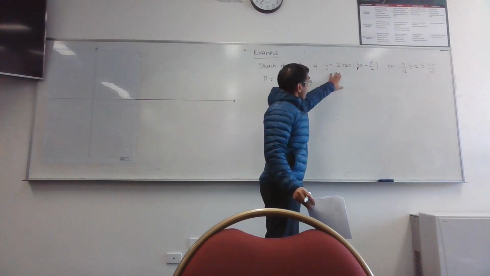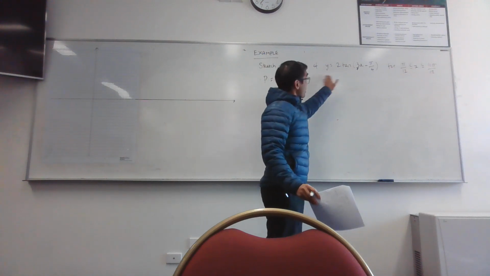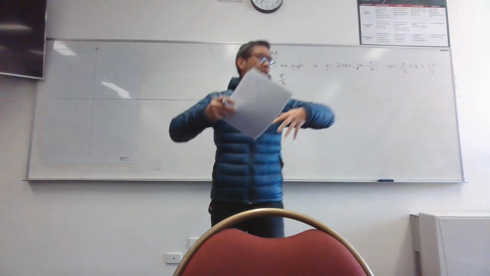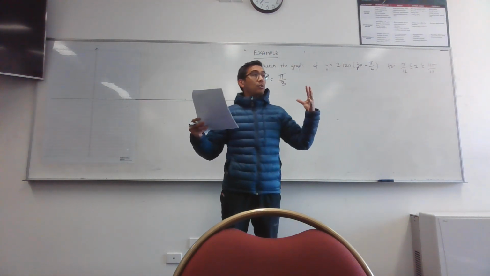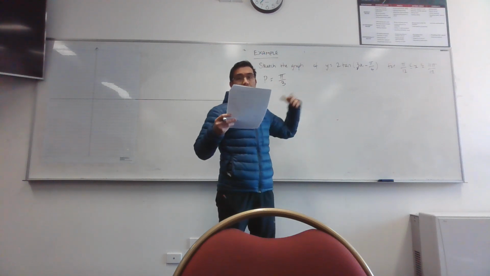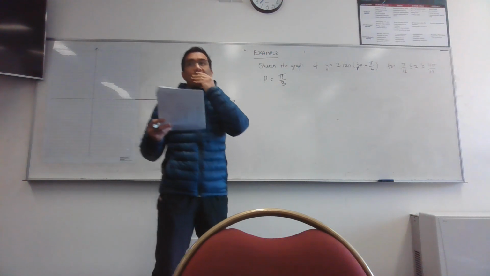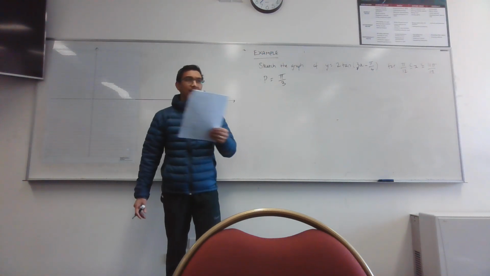Now, we can rewrite this another way. Does anyone know what we can do to this to make the transformations a bit more evident? What's something that we can do in here that will help us? You can cheat by looking at the notes you've got in front of you.